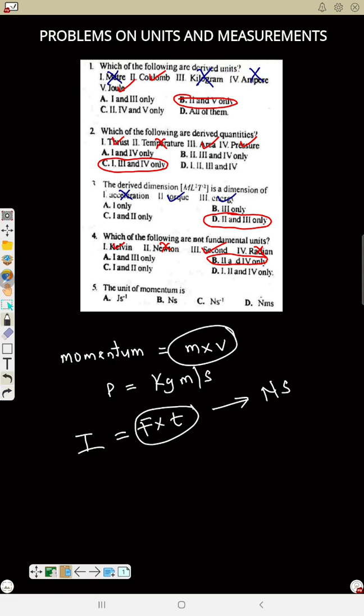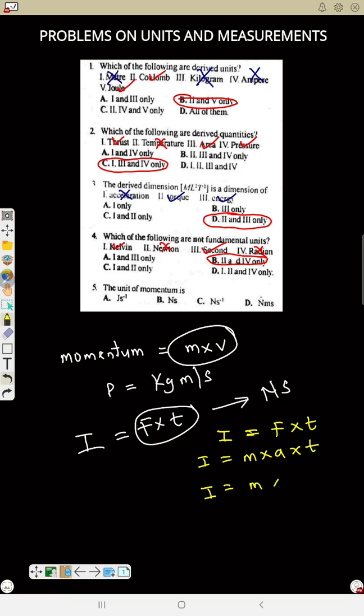So let's see. Impulse I is equal to force times time, and what is force? Force is mass times acceleration, then times time. And what is acceleration? We can break it down.